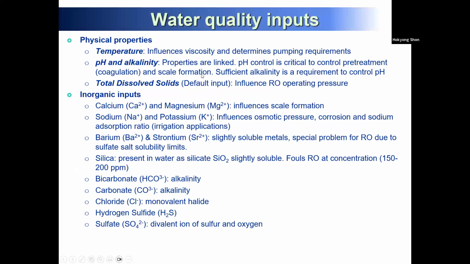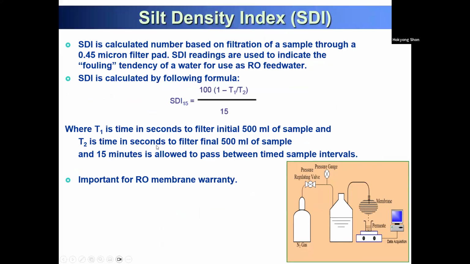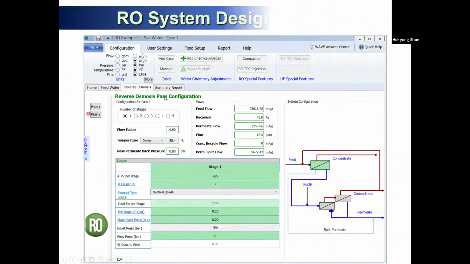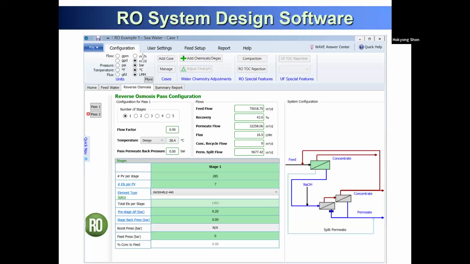After that, we will go for all the detailed design, which we already covered, of reverse osmosis. For reverse osmosis, you can see pass 1, pass 2, so you can design them separately. For pass 1, normally you need to select a high rejection reverse osmosis membrane. For pass 2, the BWRO is okay because it's already permeate, so it's very clean.